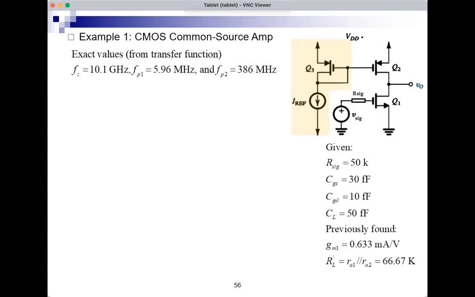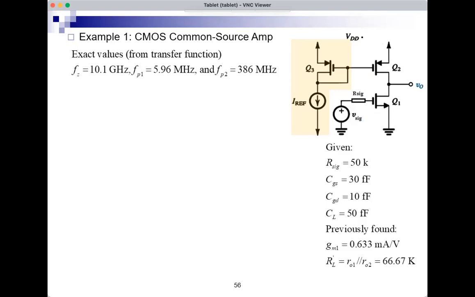The first one is at 5.96 megahertz. The second one is at 386 megahertz for the poles. And there is a zero at 10.1 gigahertz. So the numbers here also confirm and verify what you said about the zero. It's at a very high frequency, 10,000 megahertz.